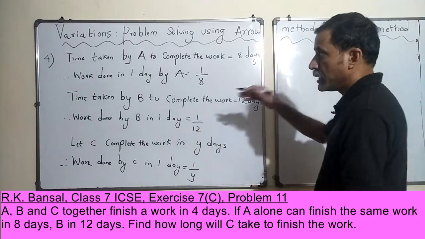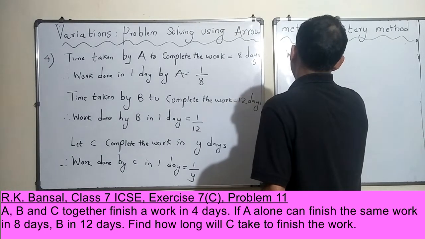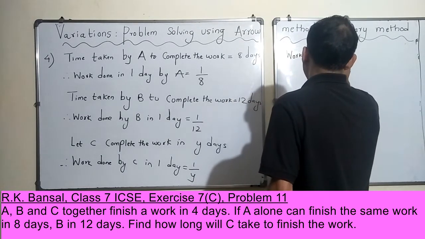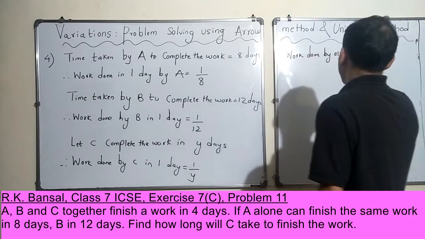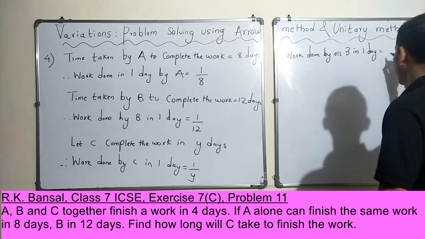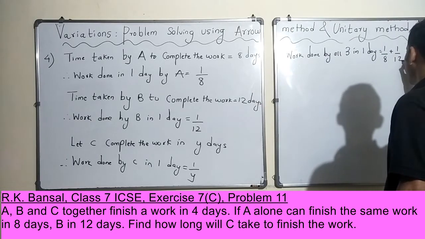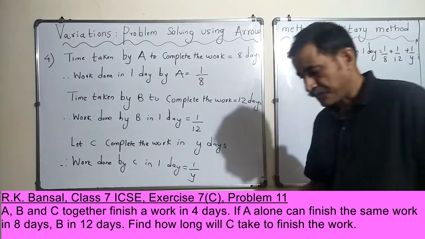So if they are put together, let's see. Work done by all three in 1 day. Can I say 1 by 8 plus 1 by 12 plus 1 by Y, right? All their efforts will combine.